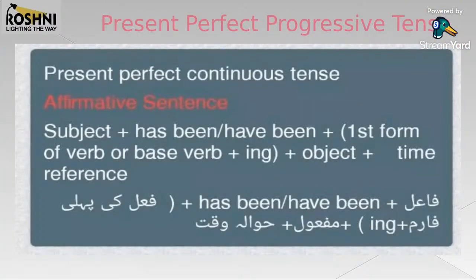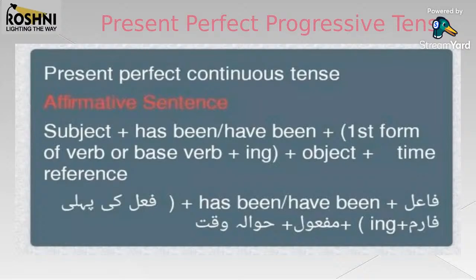Moving ahead. Now, over here, the difference between present perfect progressive and present continuous or progressive tense is that you have to give a time reference in the present perfect progressive tense.